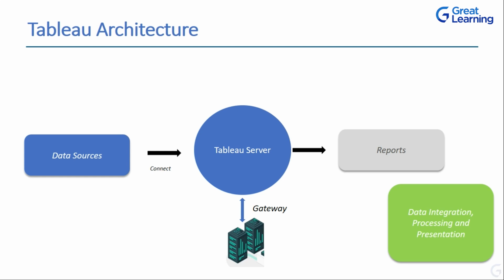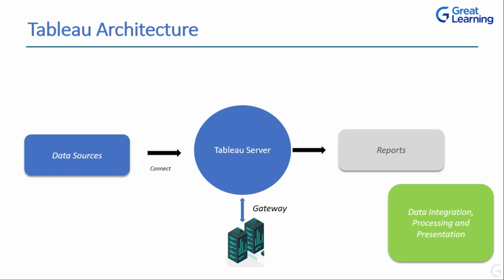So when you talk about the architecture of Tableau, it follows three important steps that are very crucial for business intelligence. Those steps are data integration, data processing, and data presentation. That means you're taking in your data from different sources and integrating it so that it amalgamates with your existing support tools.